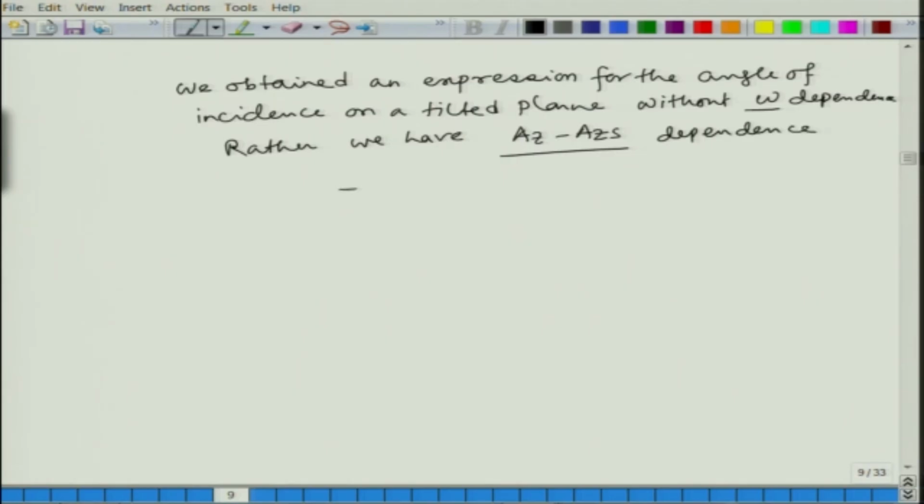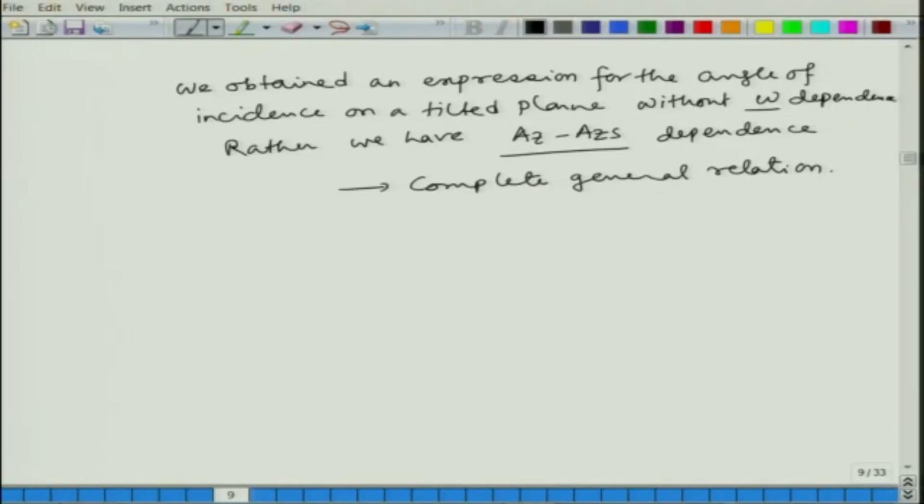Okay. So, this is a completely general relation. Of course, we will see that we will need different forms of this general relation, because not whatever is given or measured can be found from this relation. So, we need to have different forms, but this particular form is indeed very general, right.